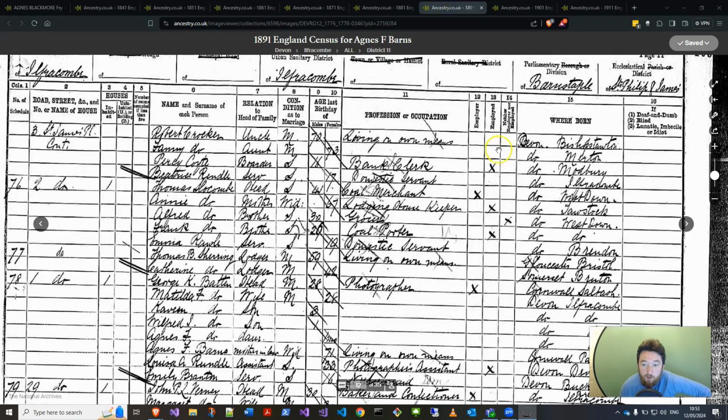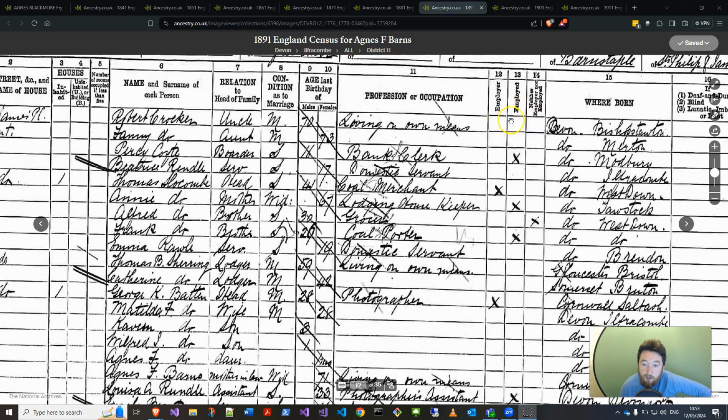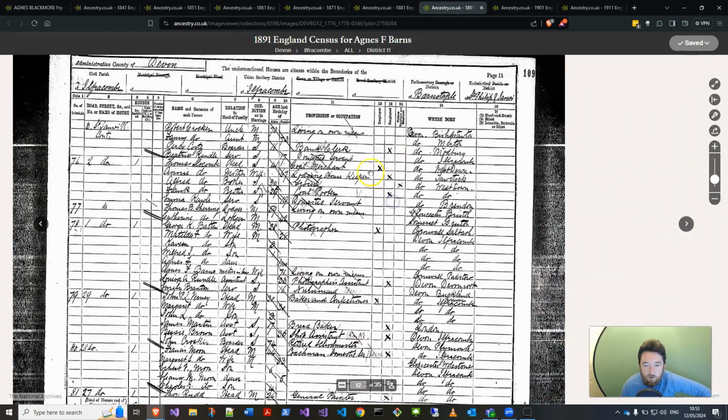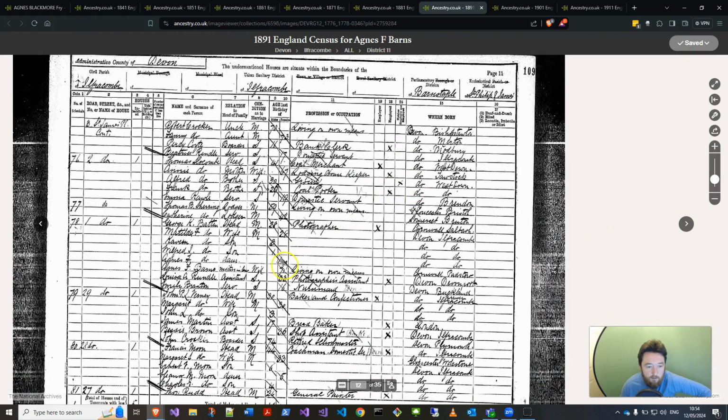However, what we do have now is a distinction in terms of the employment. We've got employer, employed, neither employer nor employed. So you've got this visual of it, these tick boxes. It starts to seem that women and children are exempted from these tick boxes.